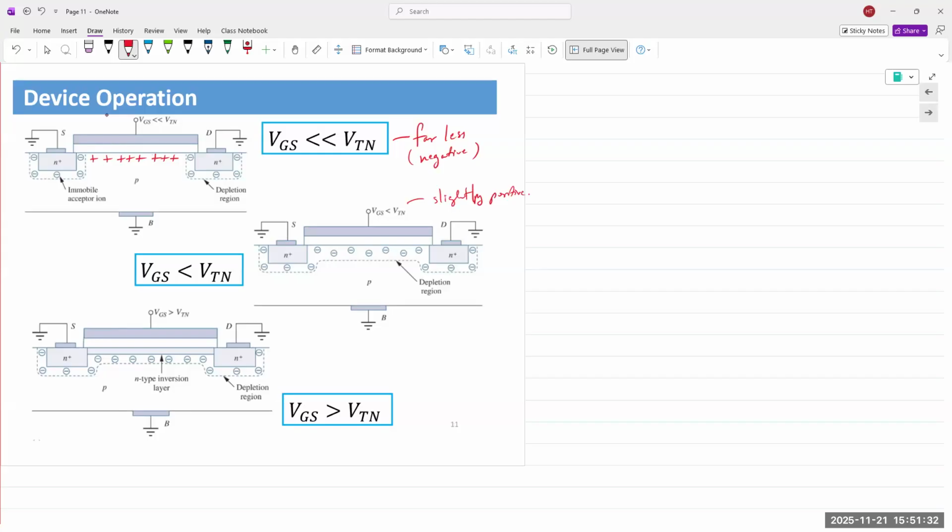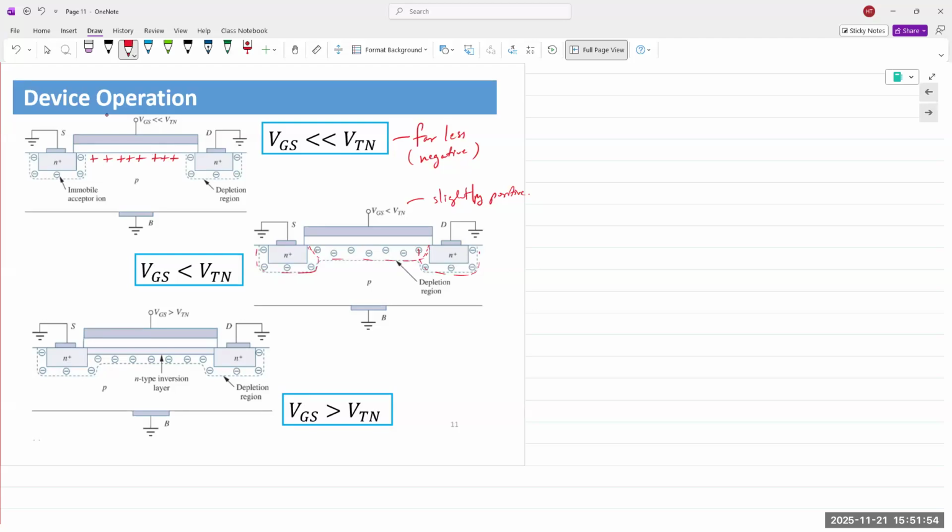So now all the positive charges are forced down, and you have created this junction of depletion region, and this depletion region right here merges with the two depletion regions that already existed from fabrication.